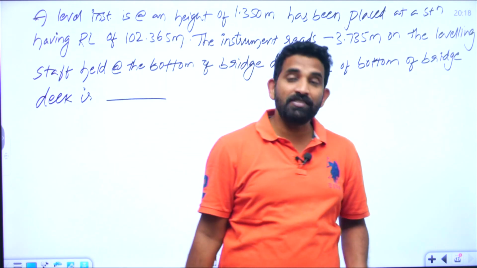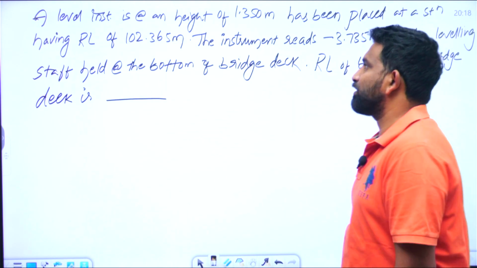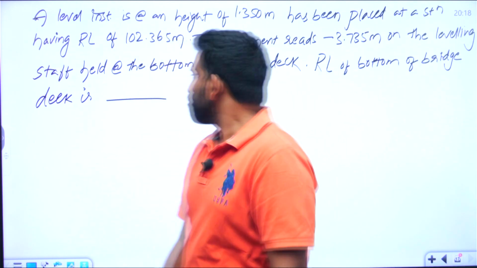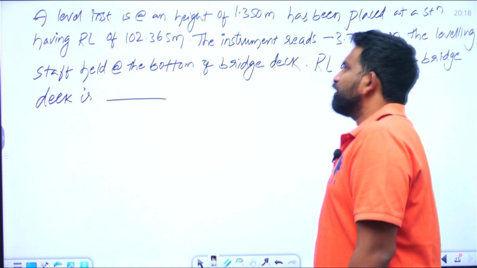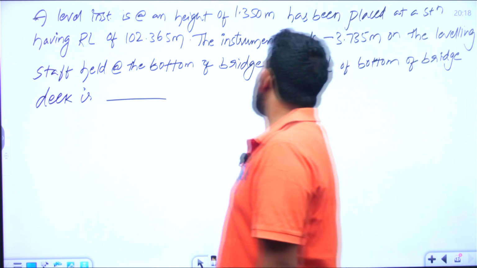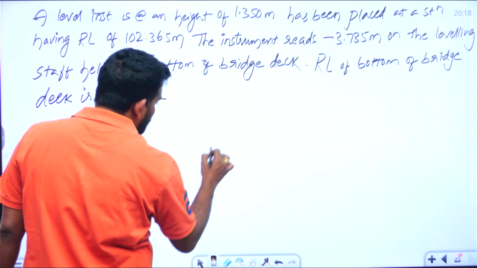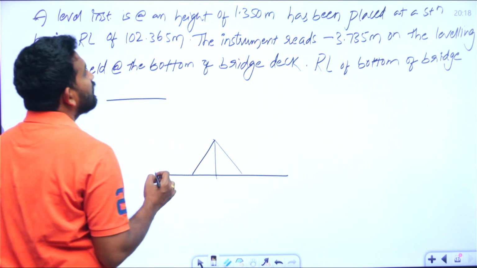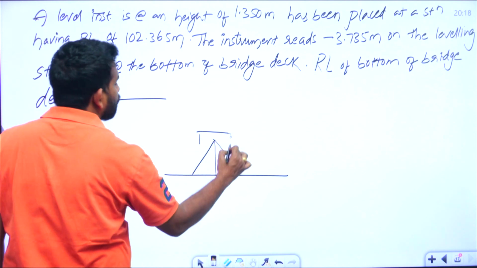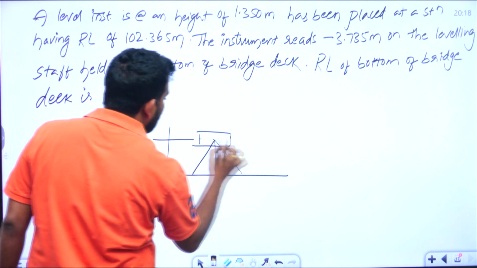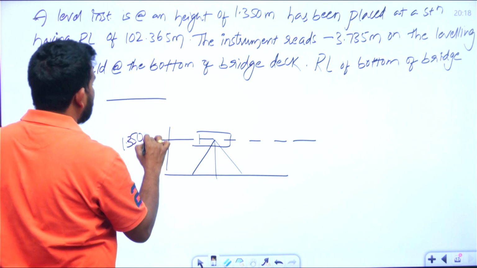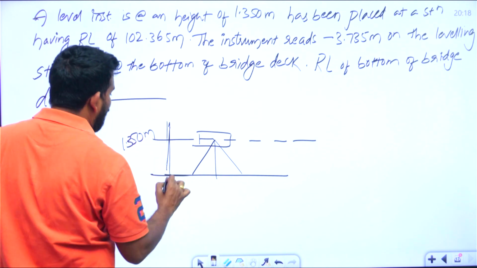Actually, this is a previous GATE question that was exactly pasted here. The question is very simple. A level instrument which is at a height of 1.350 meters. This is 1.350 meters, so this is the backside reading that I am taking here.